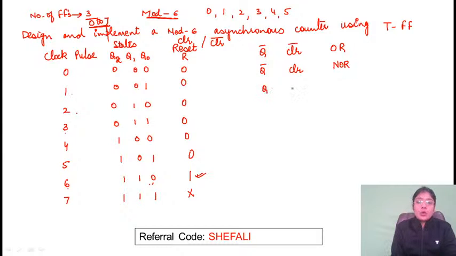If it is Q and clear complement, then it will be using the NAND gate, and if it is Q and clear, then it will be using the AND gate.